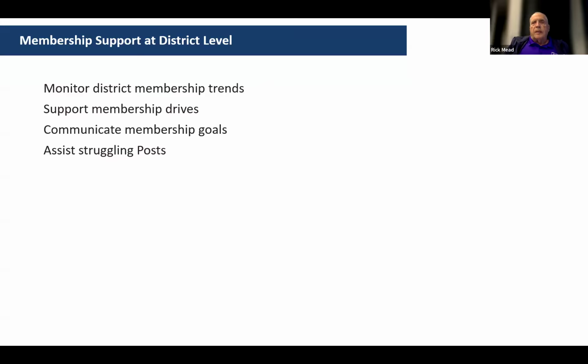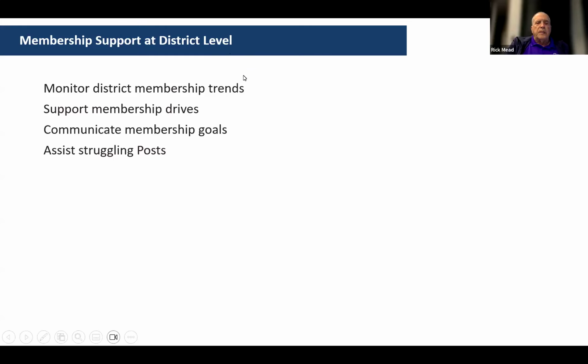Assisting struggling posts. This is a key one. We should have as many resources within our department as possible to assist posts that are struggling with whatever area that they're working on, whether it's how to maintain tax information, how to file their 990 forms, even if it's a short form, how to get insurance, how to write a constitution and bylaws, how often those should be reviewed by the post, looking at insurance that they need to get for an event, looking at fundraising opportunities and events for that post.